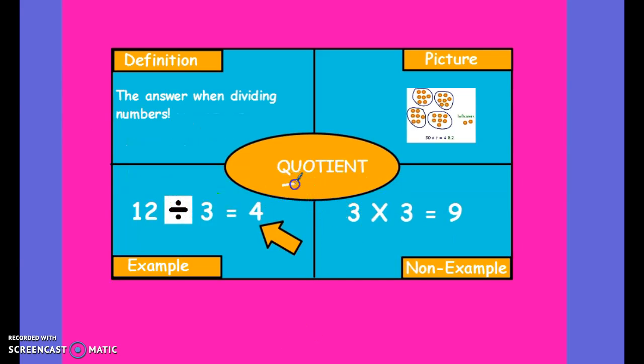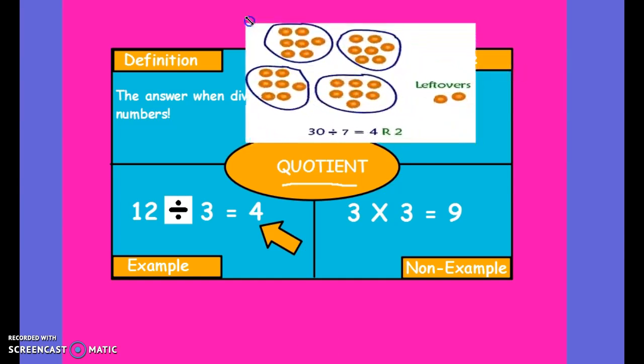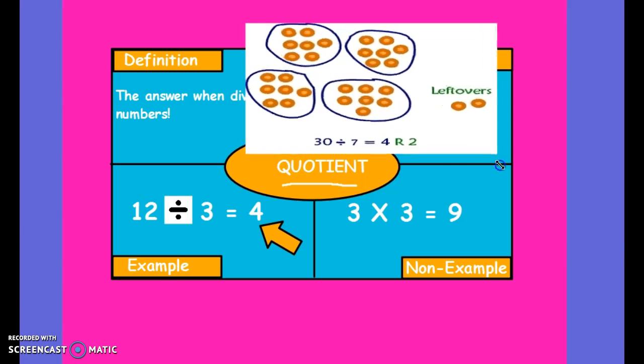Our quotient is the answer when dividing numbers, the answer to a division problem. This is similar to when we multiplied and we had a product. The product was the answer to a multiplication question. The quotient is the answer to a division question. So here's a picture example. I have 30 being divided by 7.